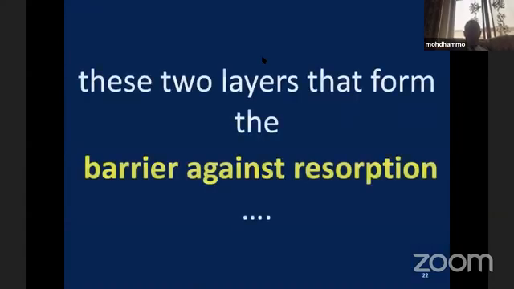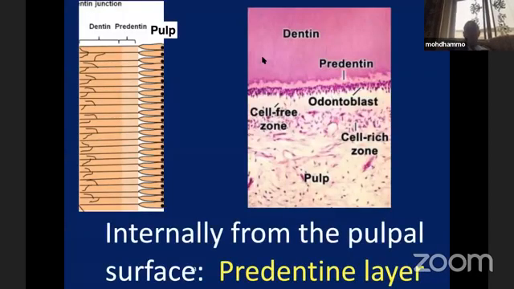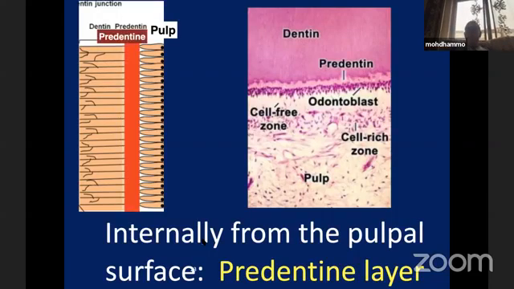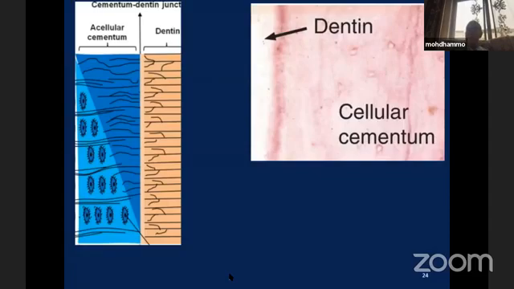These two layers form the barrier against resorption. Internally, from the pulp surface, there is the pre-dentine layer, and this layer is non-mineralized. The second layer is between the dentine and cementum.